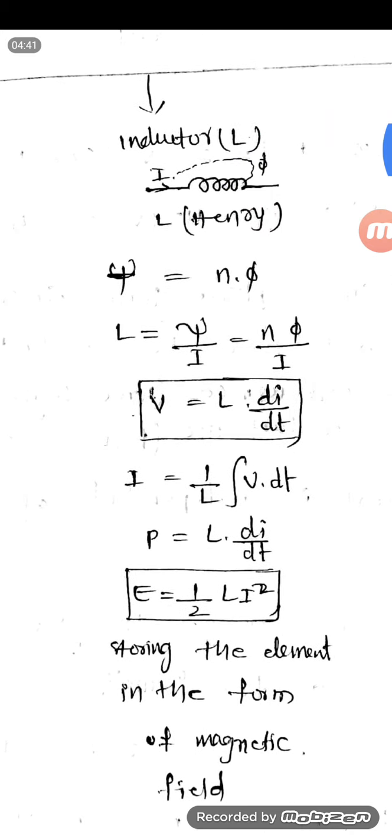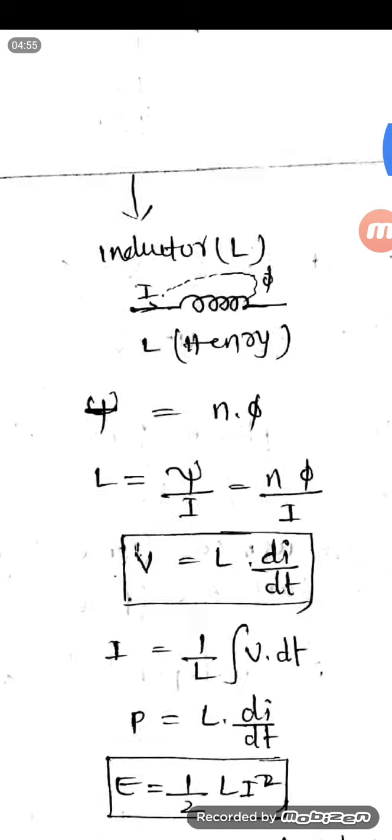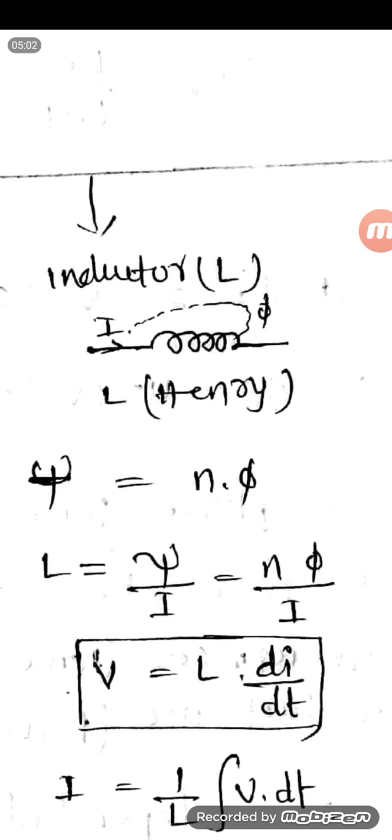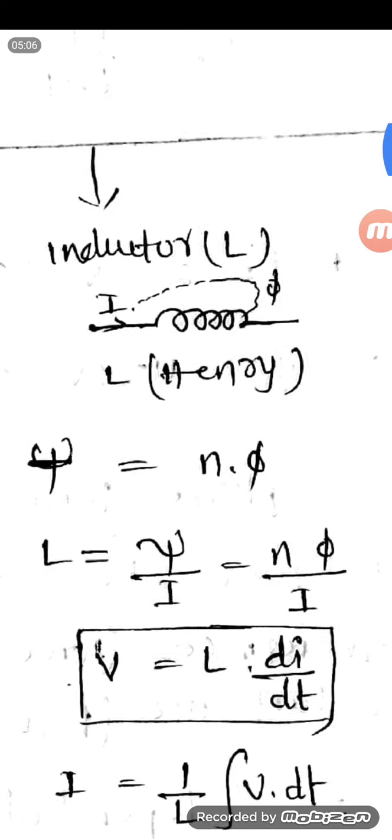The second element is inductor. It is represented as L and the unit is Henry. Whenever current is passing through a coil having n number of turns, it produces flux linkages.